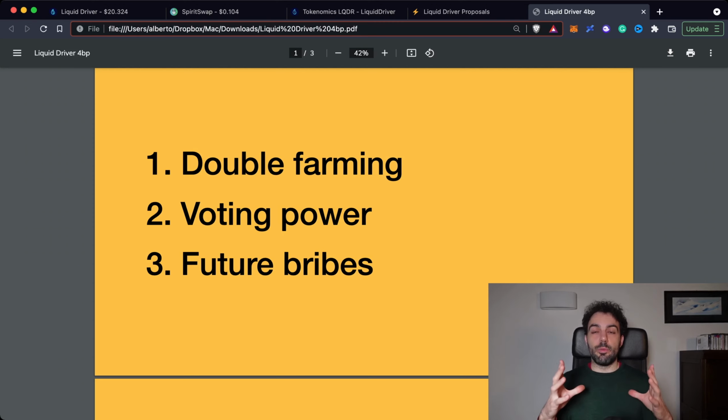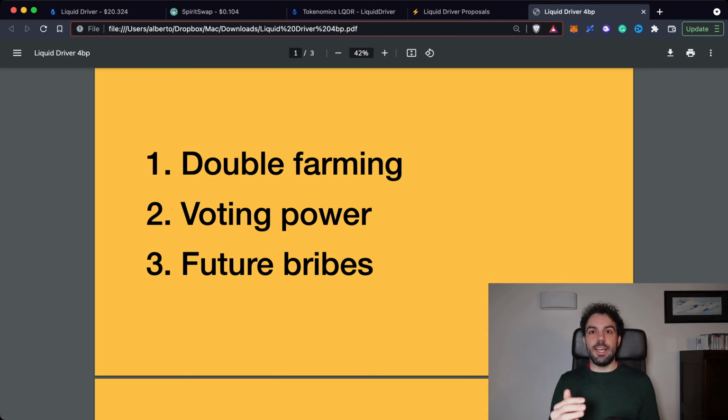This is exactly what we were saying about Convex with Curve. Convex has become the biggest holder of Curve tokens in the whole crypto space. And in the same way, Liquid Driver is accumulating tokens from all the different main Fantom protocols.